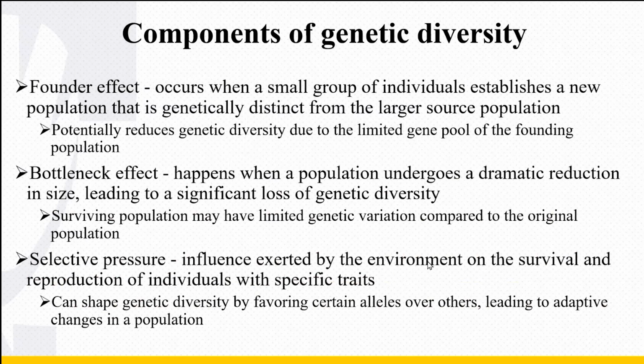And so that plant either learns to adapt to that low light environment or it will die. And once it adapts to that low light environment, well, then we now have this new plant population or this new founder that has these specific traits that allow it to grow in a not so ideal environment than the one it probably previously came from. And so that is going to lead to these adaptive changes in that population.